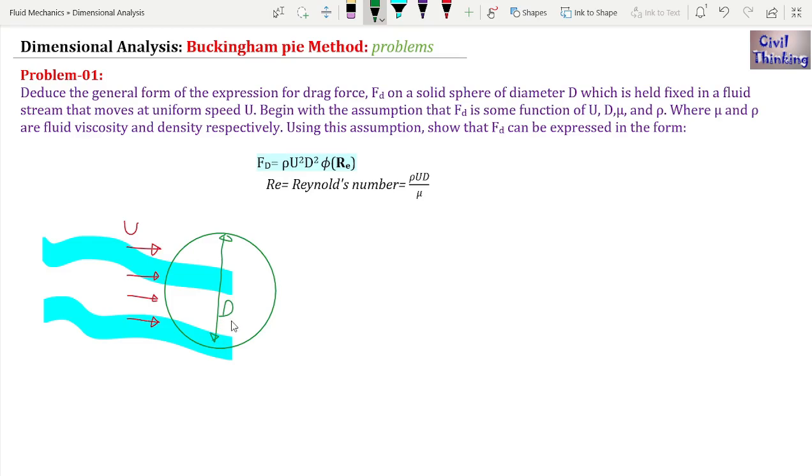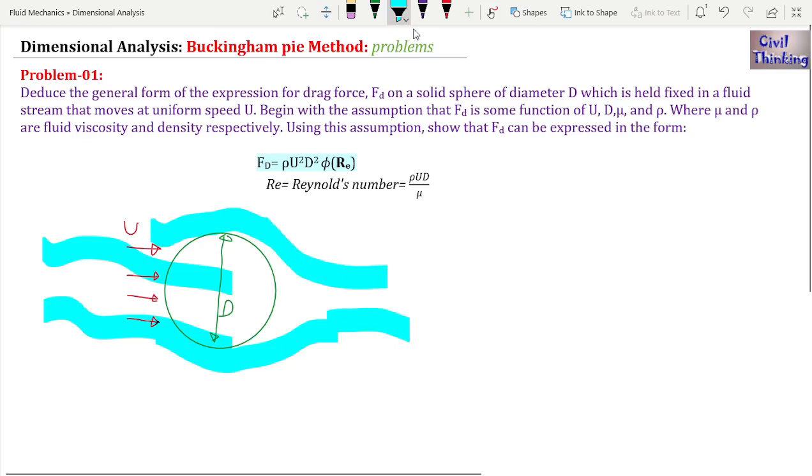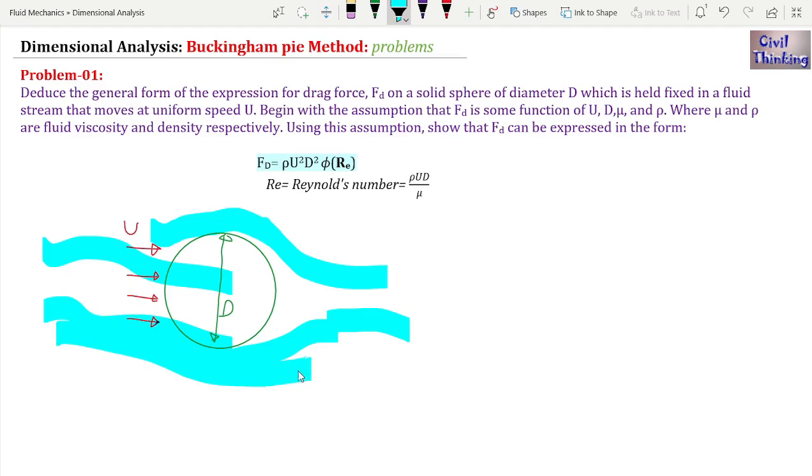Now what we have to find: when there is a fluid flowing on this surface like this and like this, what is going to happen? There will be a drag force on this. Because this fluid is going to apply some drag, the drag force will be on the whole surface.